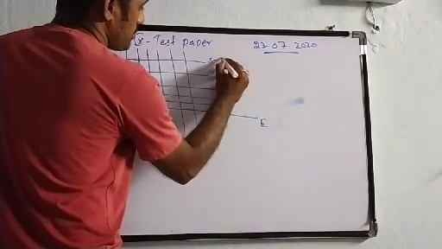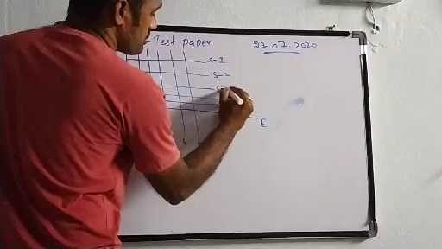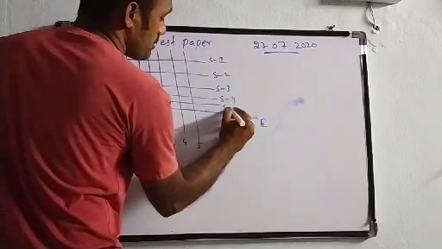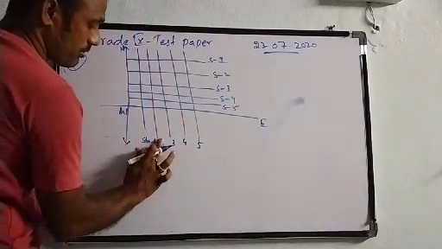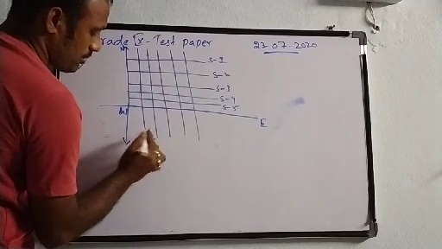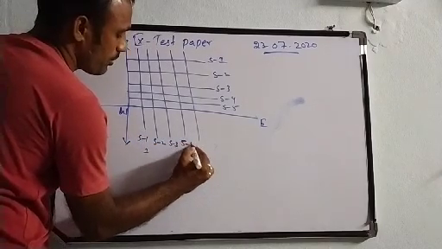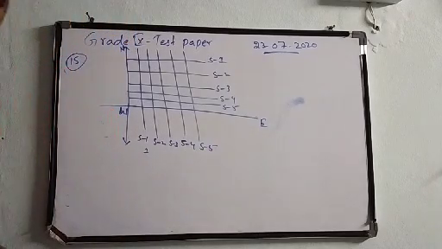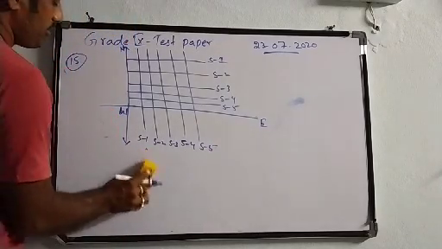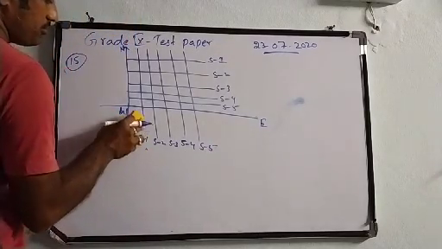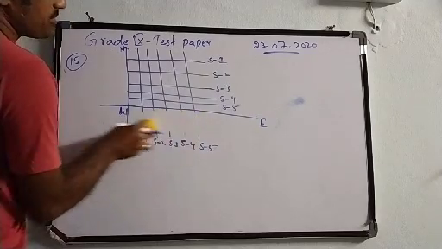So this is street 1, street 2, street 3, street 4, street 5. So this is also street 1, street 2, street 3, street 4 and street 5. S5. S stands for street here.